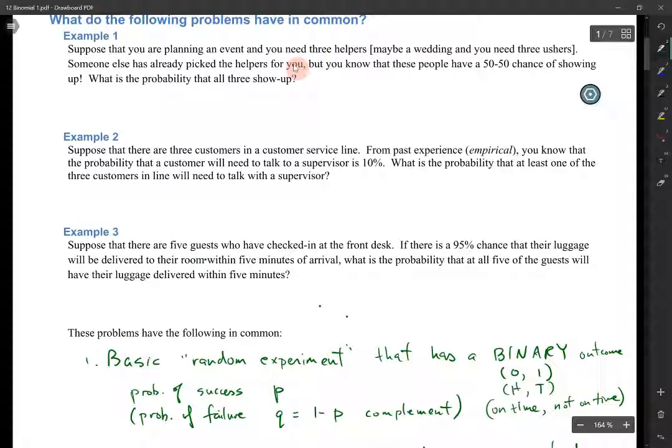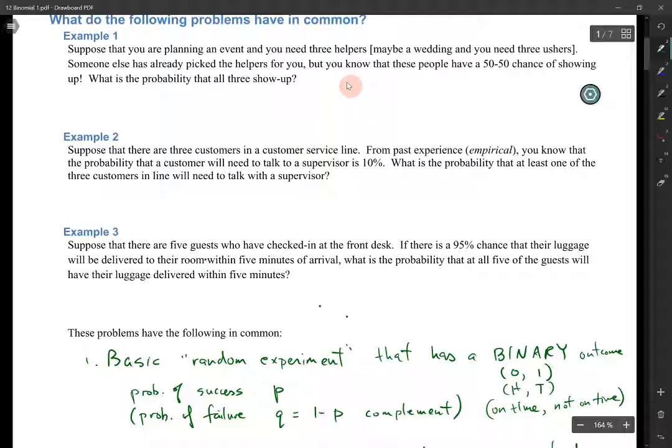If the car comes, then all three of them will be there. If the family gets there on time, then all three of them will be there. So here, independent means they're not carpooling together. One does not depend on the other, right? They're all independent. So if that's the case, then you can use this.